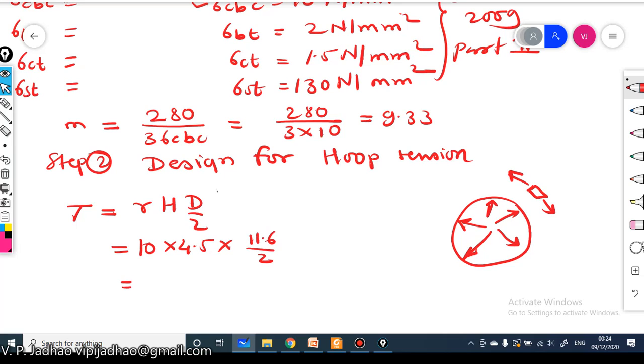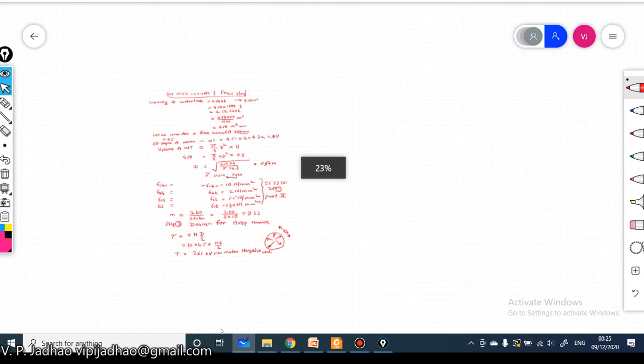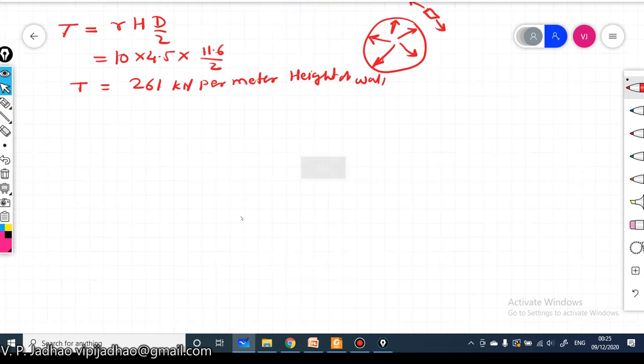So we get the value of hoop tension T equal to 261 kilonewton per meter height of wall.